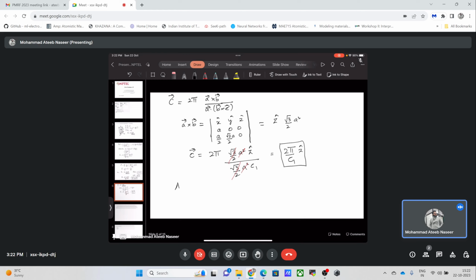For example, this lattice vector a dot b, which we will use to find the angle between the reciprocal lattice vector a and reciprocal lattice vector b. So we have to calculate a dot b.